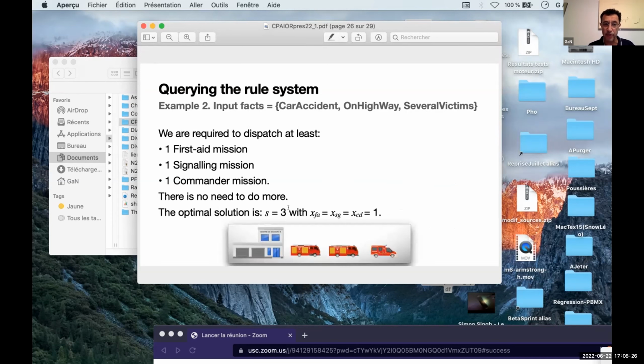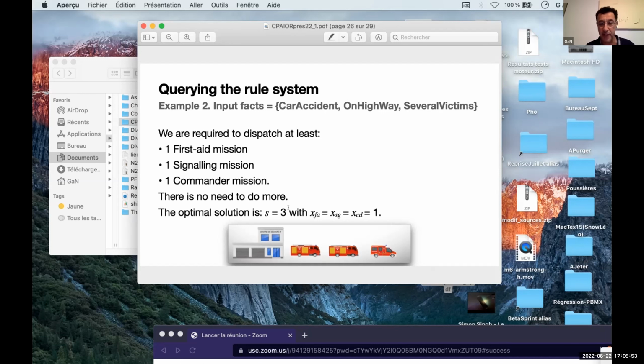So the optimal solution will be with 3 missions: 1 first aid mission, 1 signaling mission, and 1 commander mission. There's no 2 more. So this is a very simple way of solving your problem using constraint translation from rules to constraints and using standard CP resolution. I'm going to explain why it works so far.